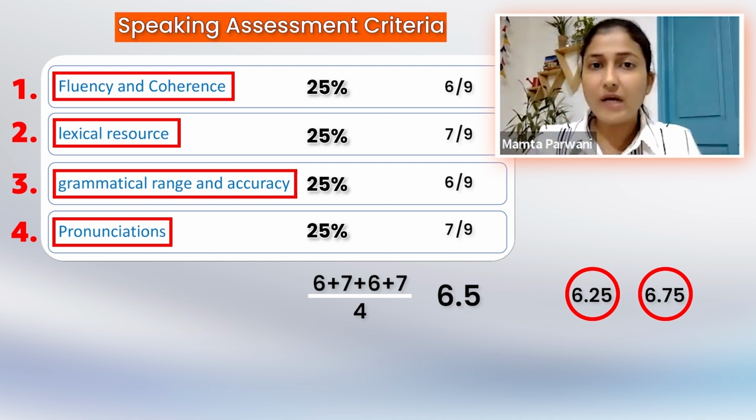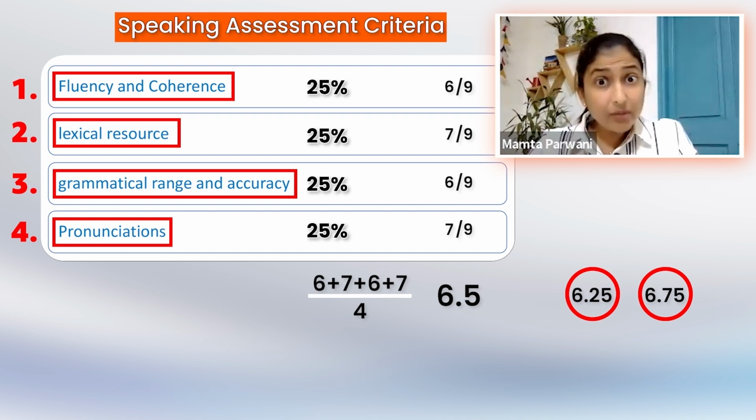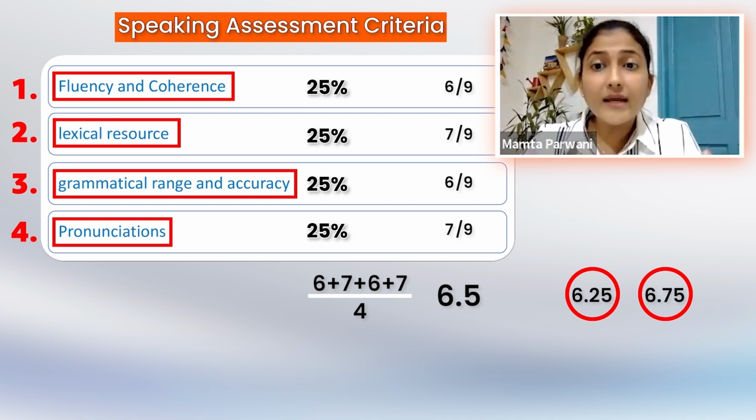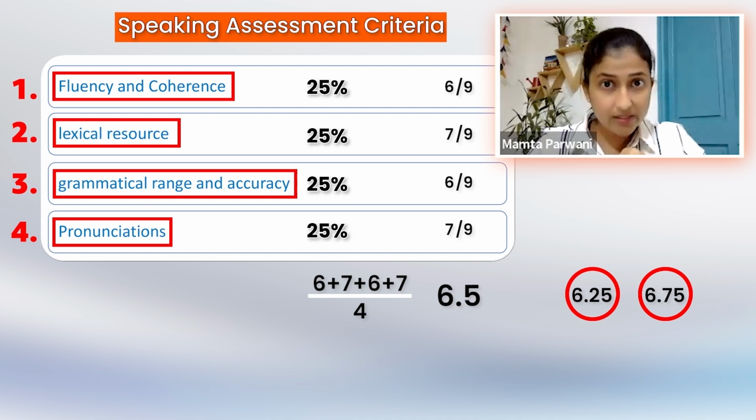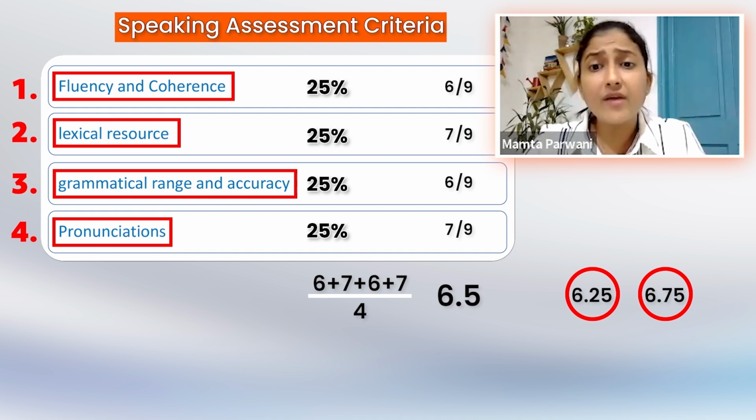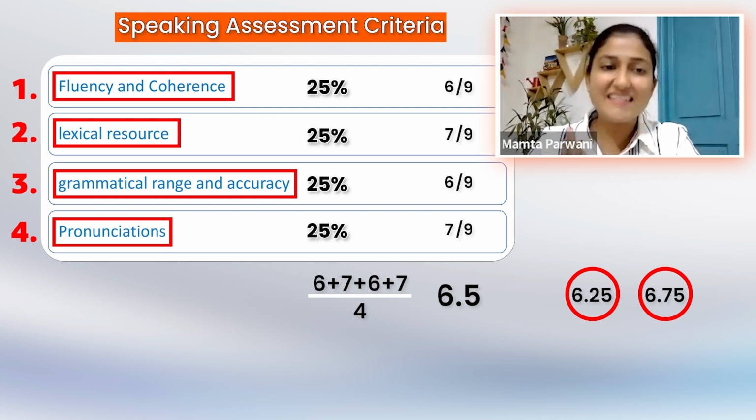So far we are talking about speaking, correct? So here again, you get 6.5 once your score is calculated like this, correct? Again, the question is, who decides? I get 6 out of 9 for fluency and coherence, or just 7, why not more for lexical resource? Who decides, right? Again, for this, there are certain set descriptions available.